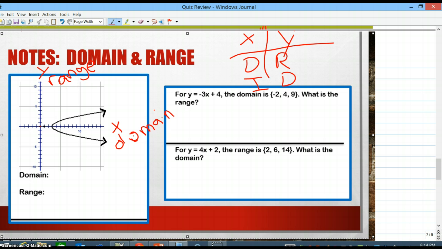And we're going to start by looking at our domain, which is the x values that we use to create this graph. But before we do that, let's talk about the arrows in this parabola. The arrows mean that this parabola is going to keep going and going on to infinity.